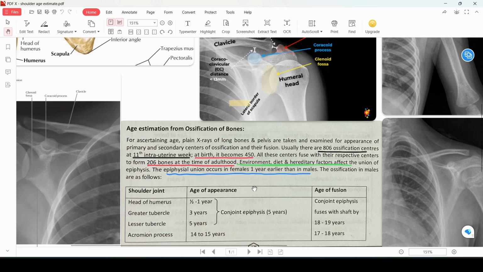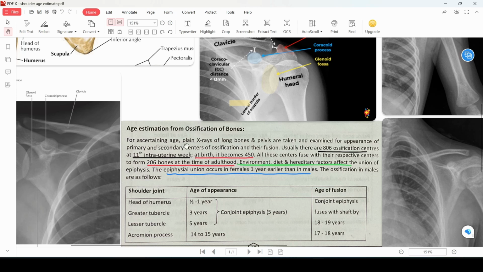Inside the cartilage, like a mesh, calcium ions get deposited, and after the deposition the cartilage framework slowly gets harder. The primary centers appear during fetal life, and mostly in the shaft, if I'm talking about long bones.